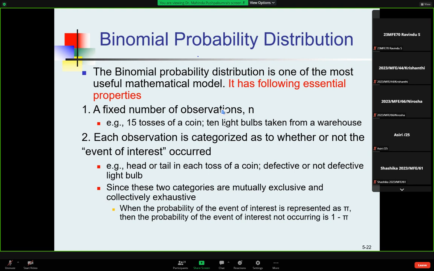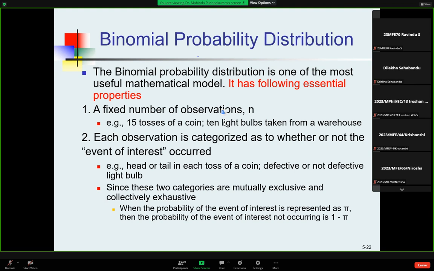Let's say if the probability is 0.8 for non-defective bulb, then you can calculate probability. If there are 10 bulbs, what is the probability that if you buy 2 bulbs, both 2 bulbs are non-defective?